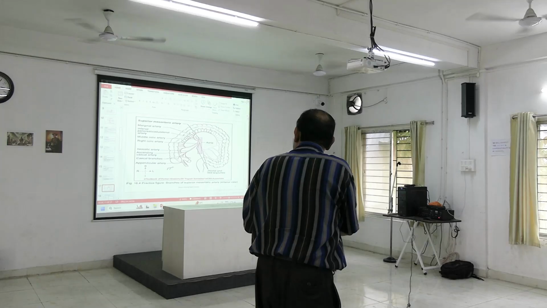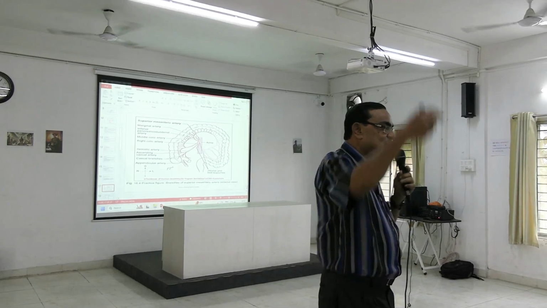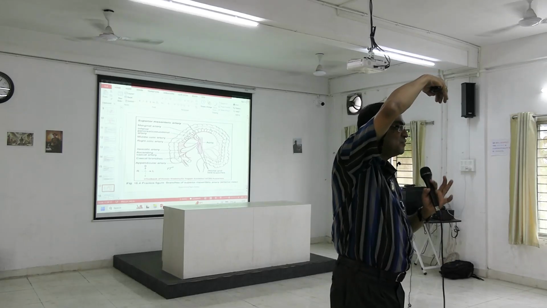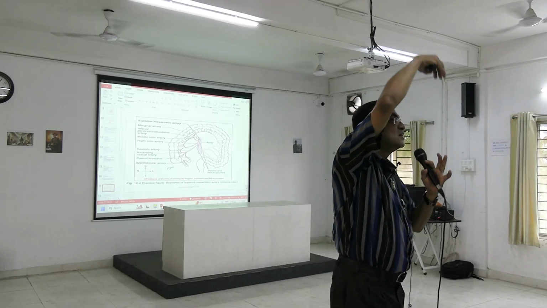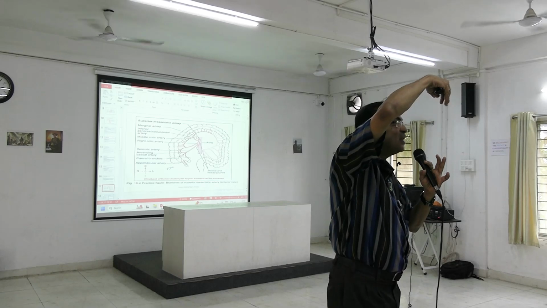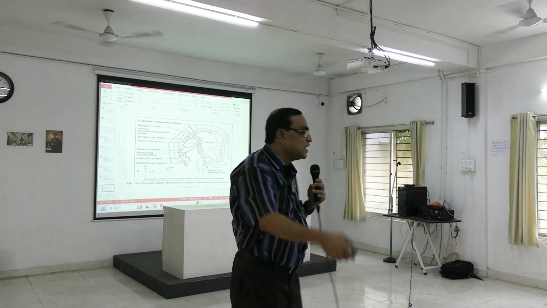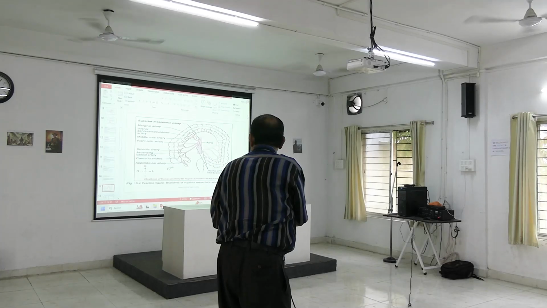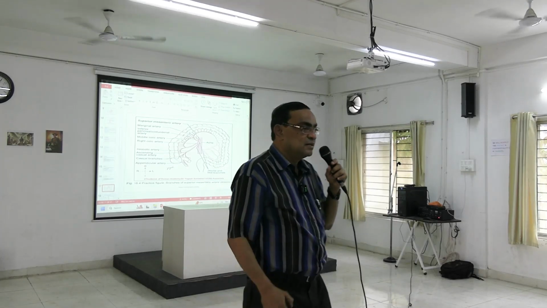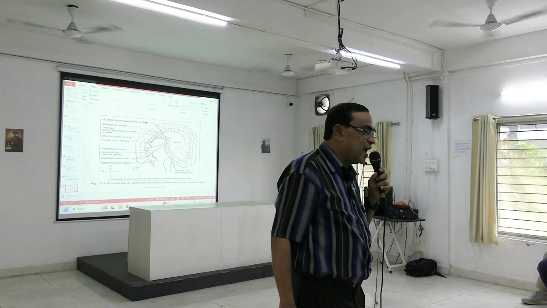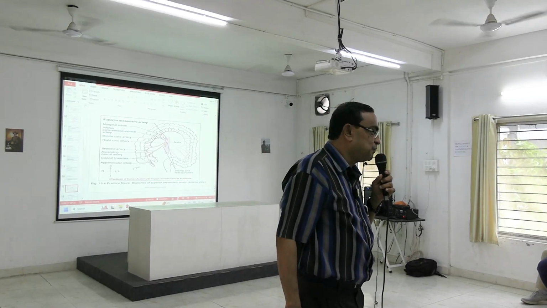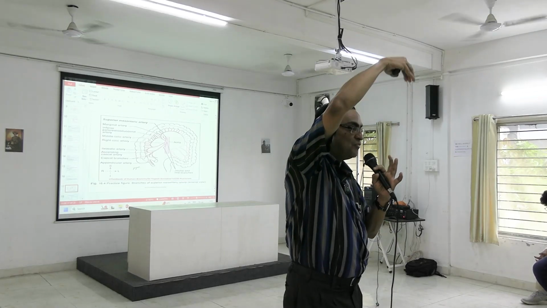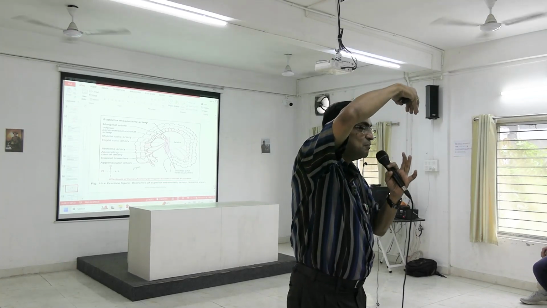Another artery is coming from above and this one from below. There is an anastomosis, that is the superior pancreatico-duodenal, and below it is the inferior pancreatico-duodenal artery, which resides between the head of the pancreas and the duodenum. So there is an anastomosis between the artery of the foregut and the artery of the midgut.